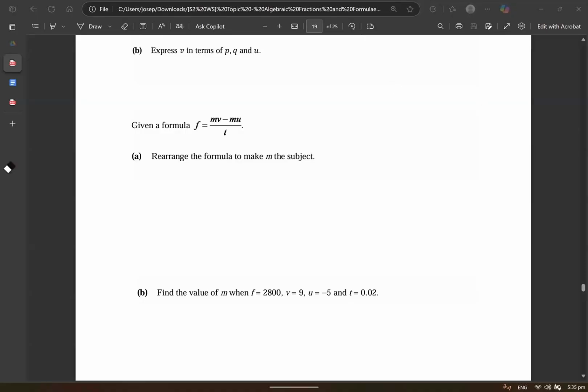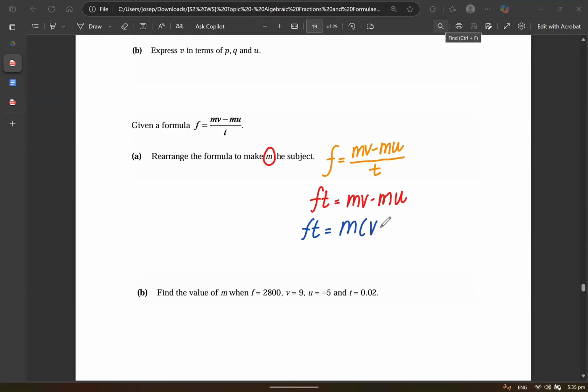So the first thing you want to do is F equals (MV − MU)/T. You want to make M the subject, so you want to make sure that M is on the left-hand side. Or if not, you can just isolate it. FT equals MV minus MU. Then, to make M the subject, FT equals M(V − U). You can see?